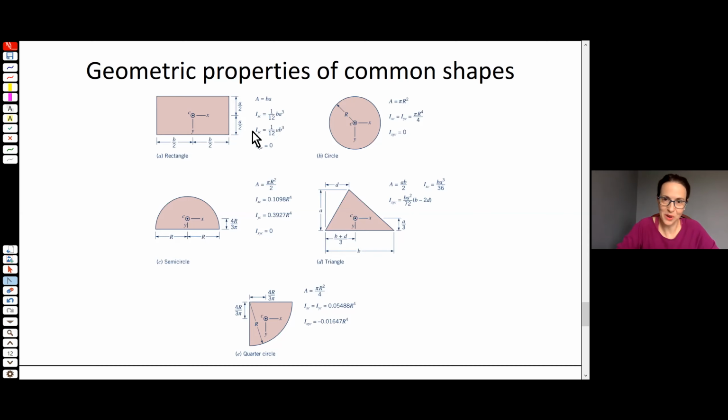So we really need the parallel axis theorem to be able to compute y sub r and x sub r, right? Here we've got the centroid of our shape right in the middle. We've got the formula for the area of the shape. And then we've got our formula for the moment of inertia about an x-axis and y-axis passing through the centroid, and then that other quantity that we talked about, the product of inertia, x, y.